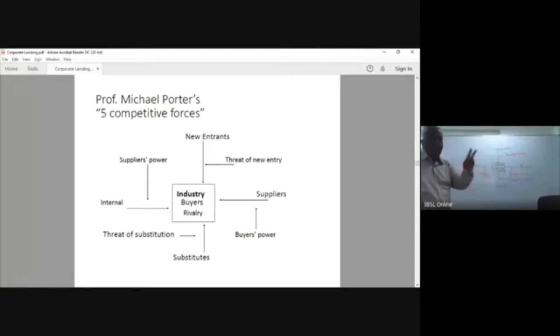When you are analyzing the industry, finally you are analyzing how the competition within the industry is, based on Michael Porter's 5 competitive forces. Each industry in Sri Lanka, you have to analyze based on this, to see how the competition is, whether it is stiff, moderate or low.